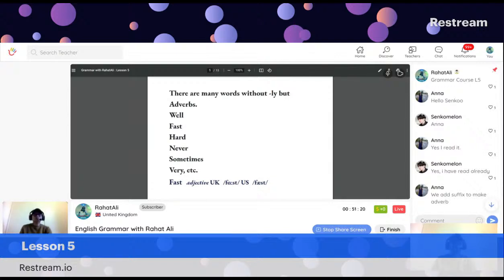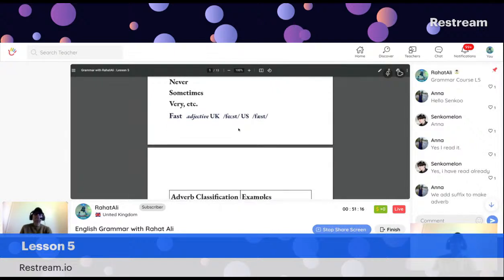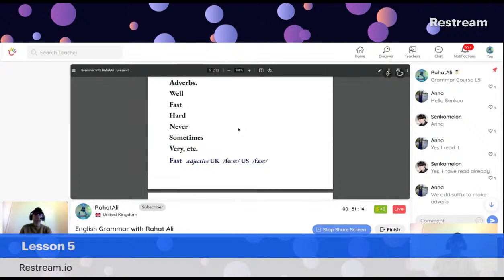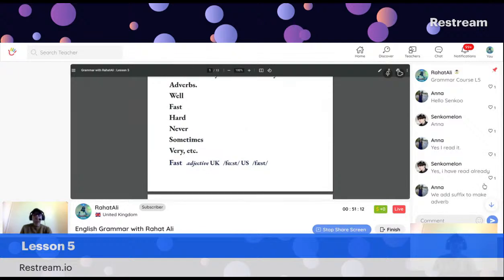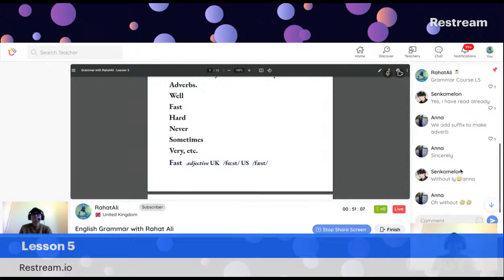So let's move on. If you can give me some examples, that would be great, both of you. Some examples of adverbs. Sincerely, yes. Can you give us an example without the ly suffix?